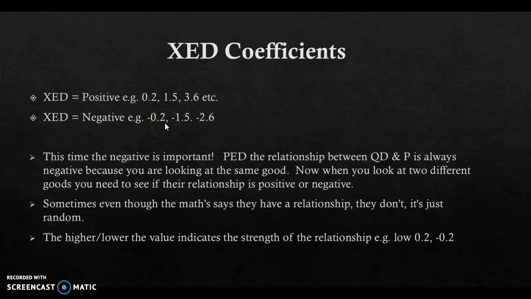Whereas printer cartridges and printers are complements, but it's not a really strong relationship. They do go together, and sales can be affected when the price of one changes, but not incredibly strongly. The demand's not going to increase or decrease massively.